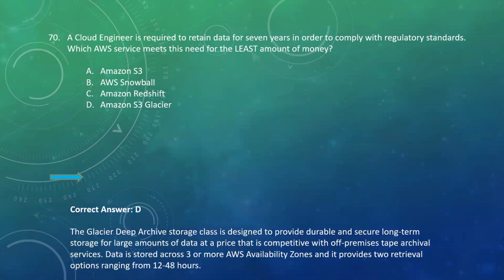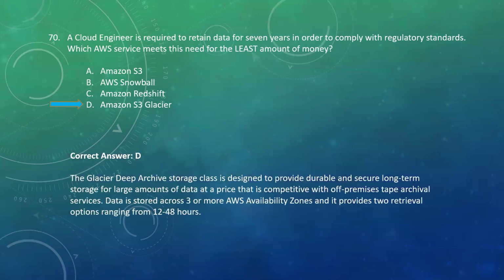So the right answer is option D, Amazon S3 Glacier. The Glacier Deep Archive storage class is designed to provide durable and secure long-term storage for large amounts of data at a price that is competitive with off-premises tape archival services.